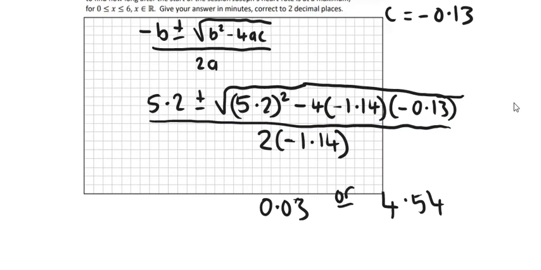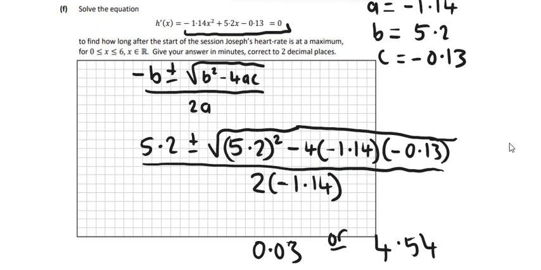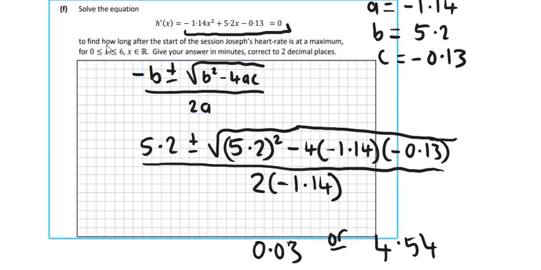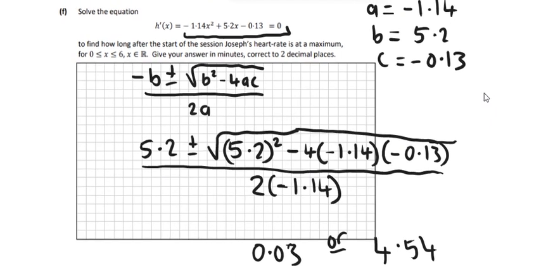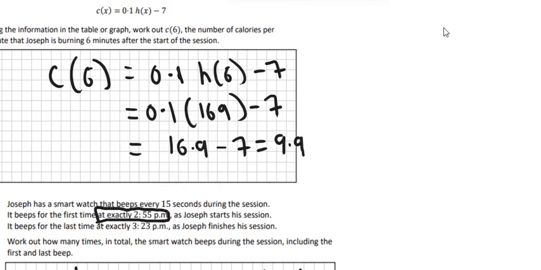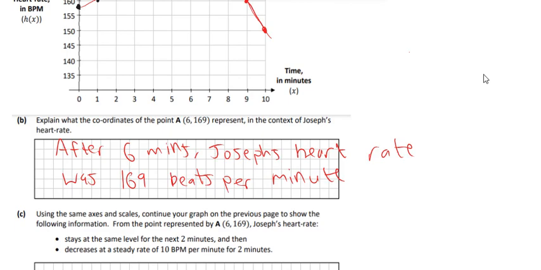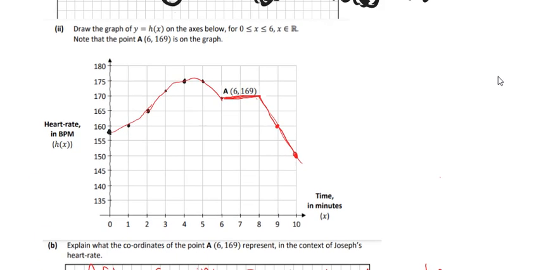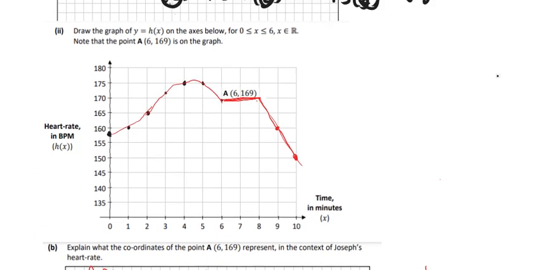So we don't want two answers. The question was to find out how long after the start of the session Joseph's heart rate is at a maximum. So at what point is it at a maximum? Let's look back up the graph here. His heart rate is at a maximum around here, isn't it? To be more specific, it's somewhere in between here.